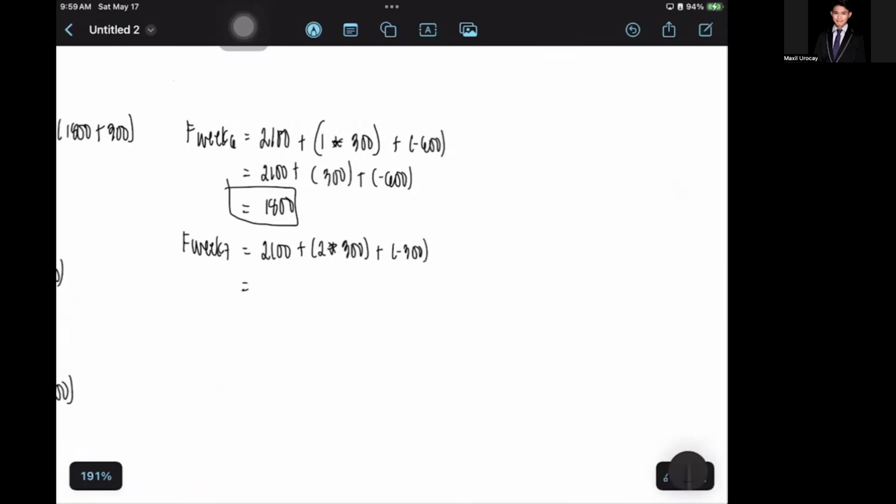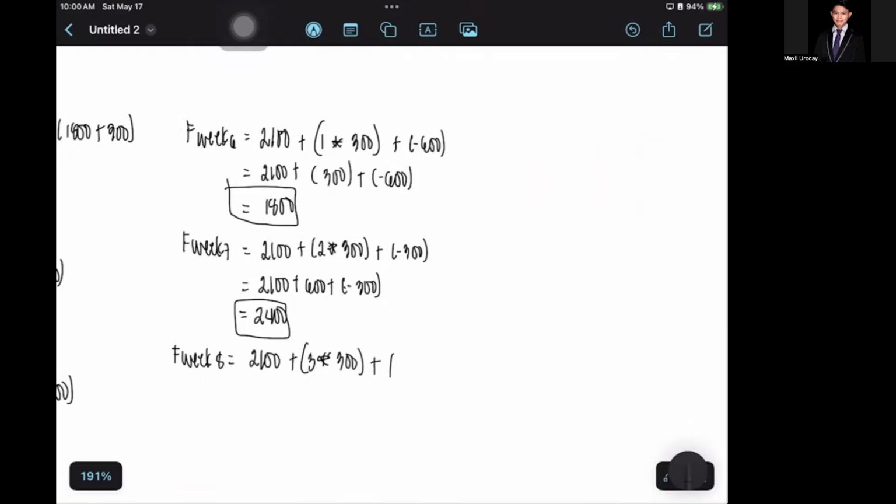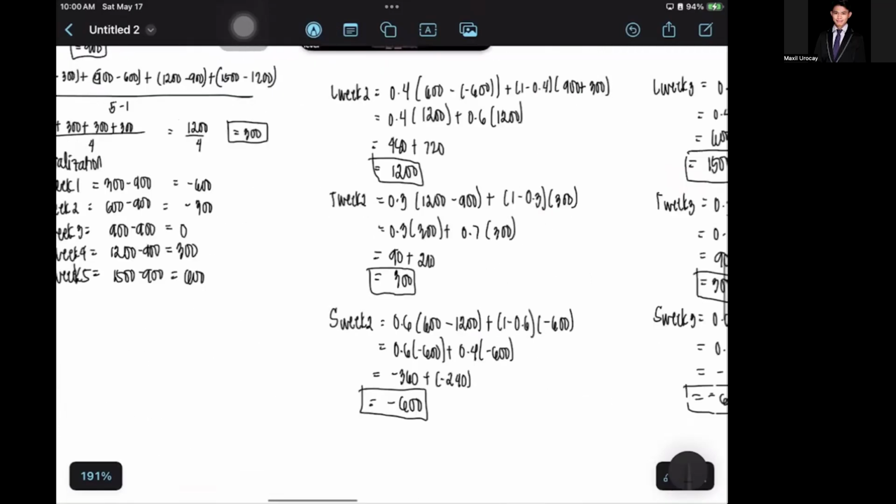So what will become right now? Plus 600 and plus negative 300. So 2,100 plus 600 plus negative 300 is 2,400. And for week 8, there is 2,100 plus 3, because this is the third week, times 300, plus the initialized one, which is 0 already.